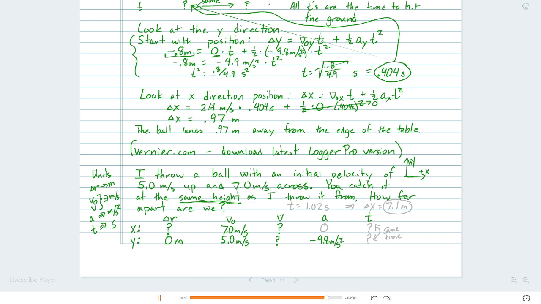So our acceleration in free fall is all in the y direction, which means how much in the x direction? Nothing. How long is it going to take? We don't know. So our time is question marks. But these are going to be the same time.